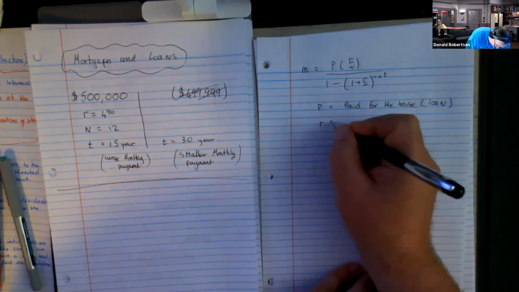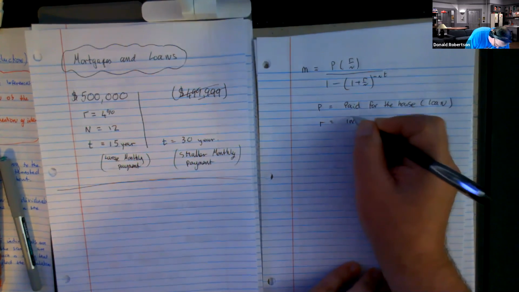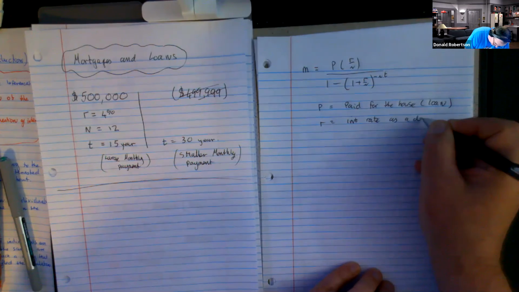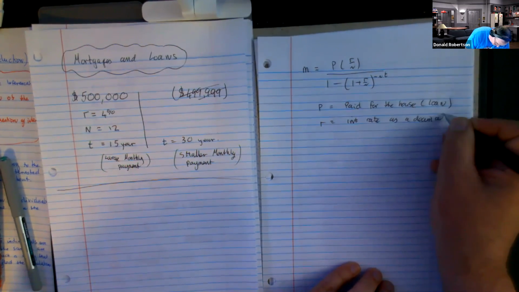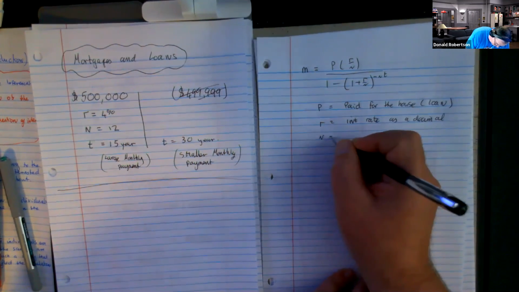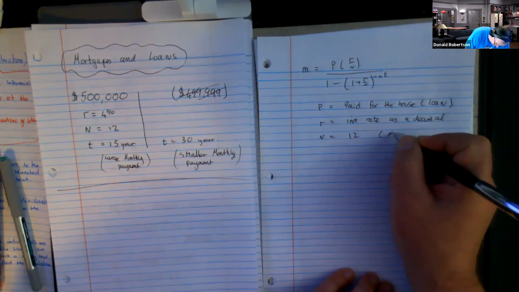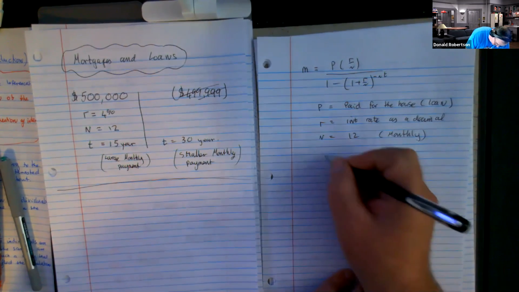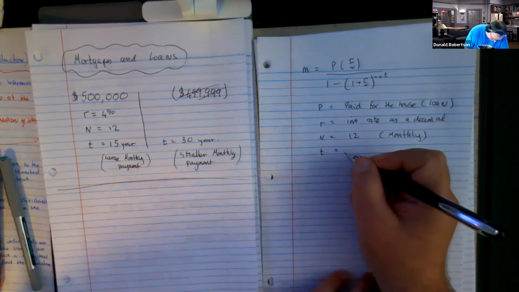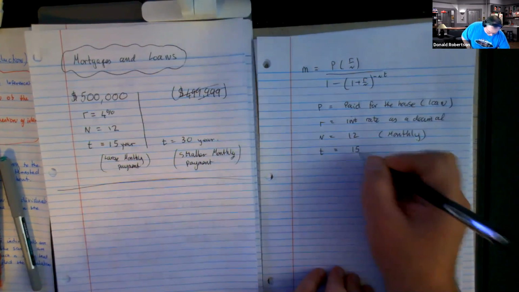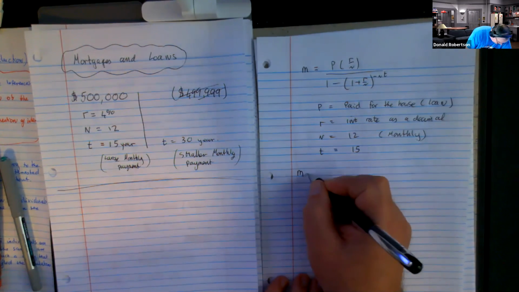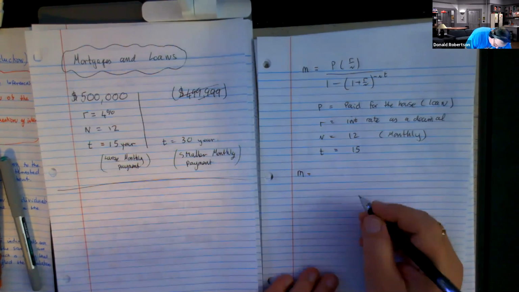R is going to be your interest rate, as it always is, as a decimal. N is going to be monthly payments, because that's what you do. And T is going to be a 15-year mortgage. Well, let's see what the monthly payments at 4% look like.